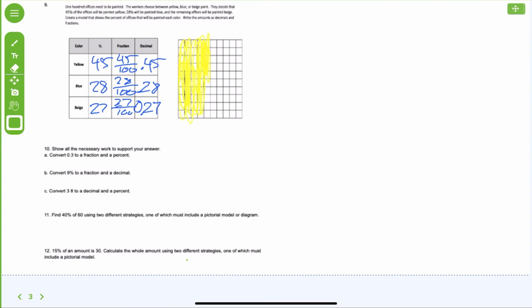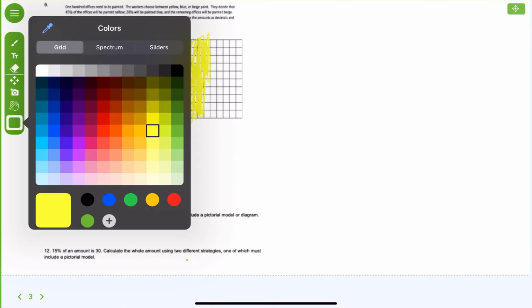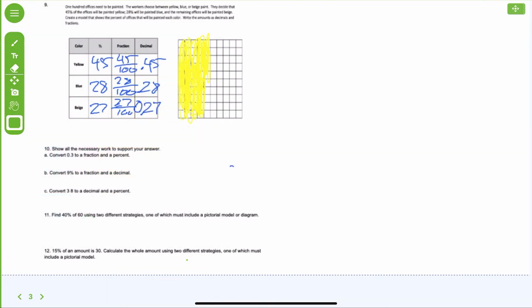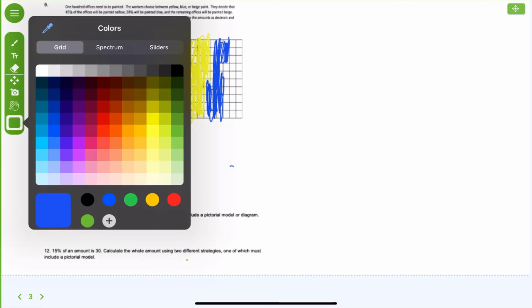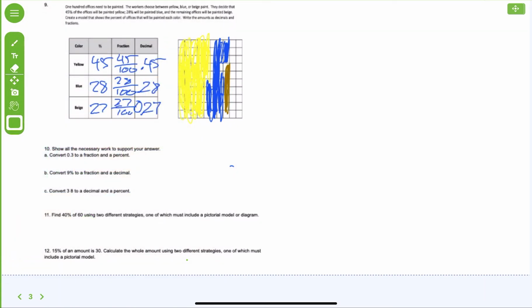So there's the 45 yellow. Now let's do the blue. Cannot believe Mr. Anderson messed up. Right? There's the 28, and now there's 27 left over for this beige color. Now we're good. Okay?